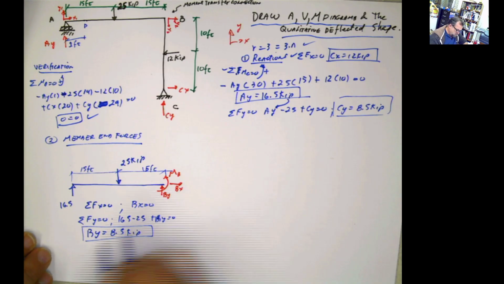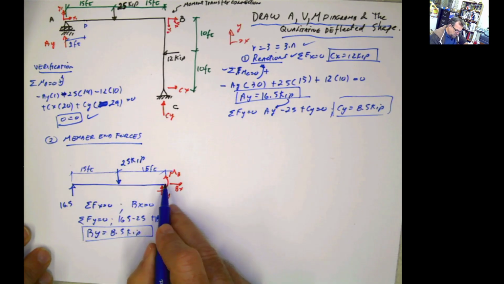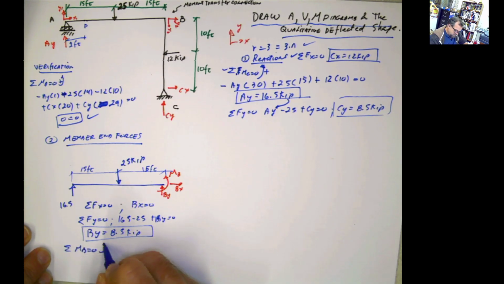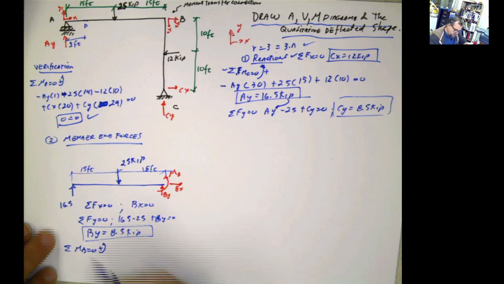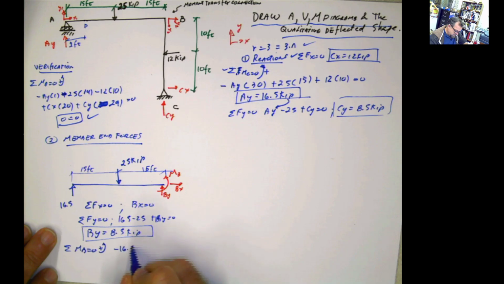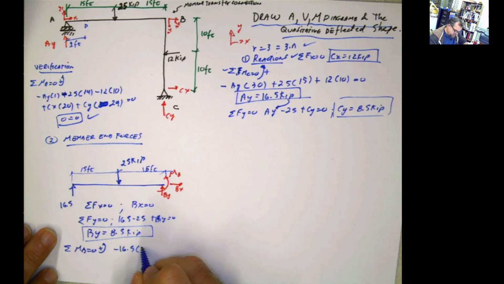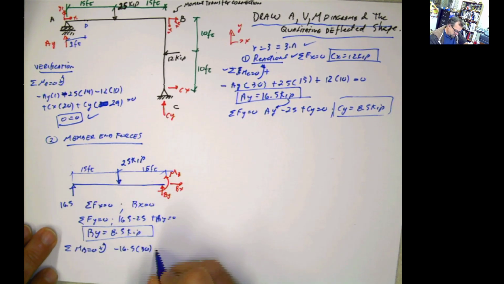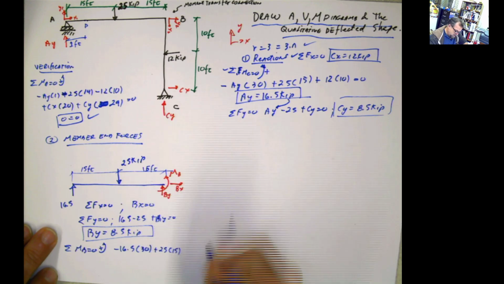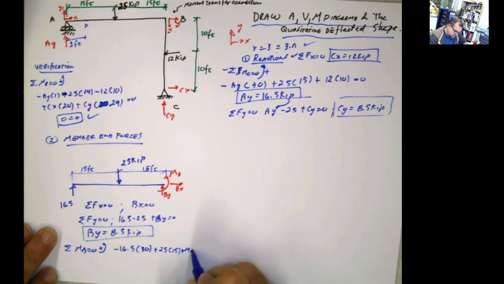So now, summation of moments, where I like to take moments there, is just my preference. So summation of moments at B equals 0. I'm going to do that. And then you have negative 16.5 times 30 plus 25 times 15 plus MB, that's it, equals 0.